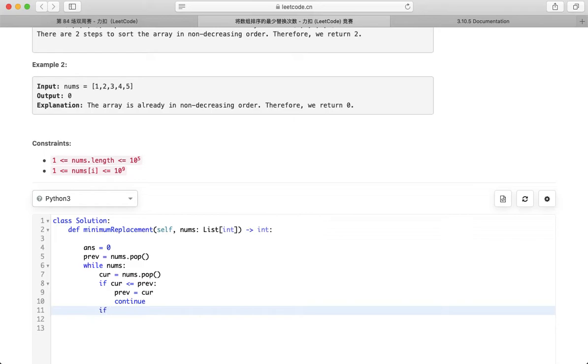And if the current one is greater than the previous one, that means we have to break something.